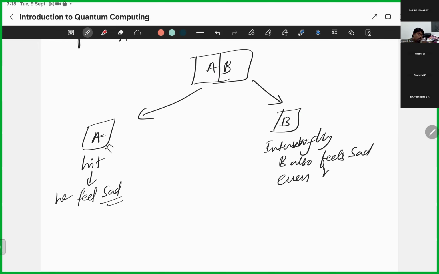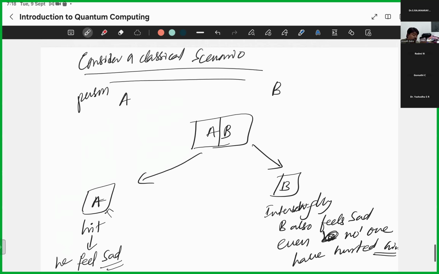Even though no one hurt him. It is something difficult to accept in a real world scenario. Somebody has to do something, then only he feels sad. Some kind of telepathic thing is happening here. In a classical world, it's difficult to understand and accept.